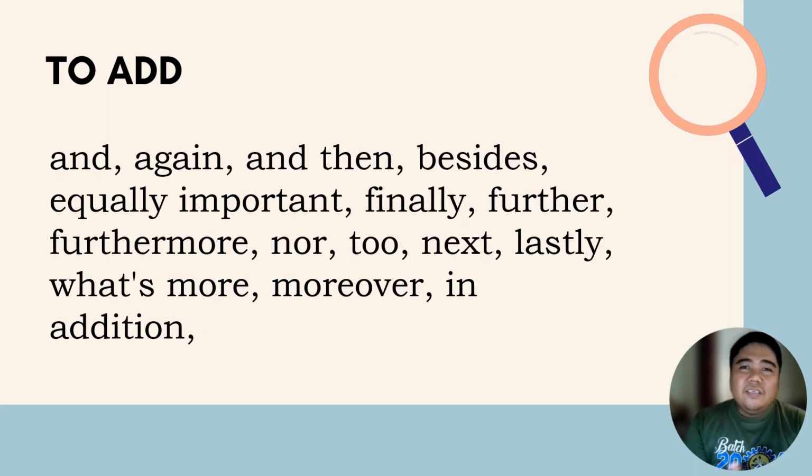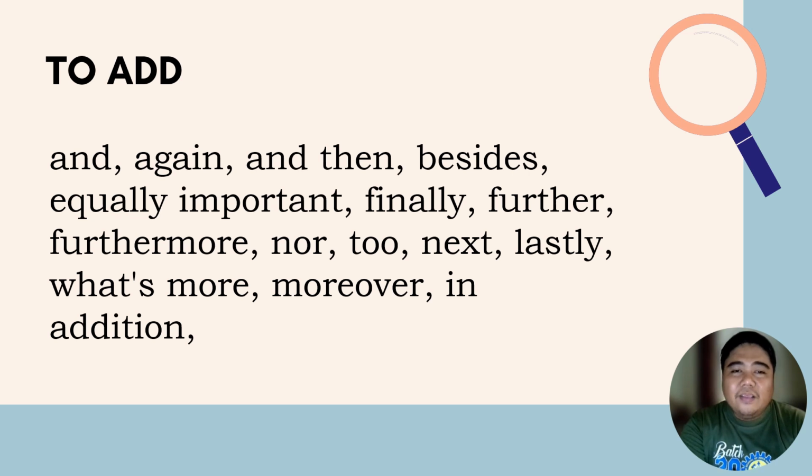Here are some transitional words that we can use if we want to add: and, again, and then, besides, equally important, finally, further, furthermore, nor, next, lastly, what's more, moreover, and in addition.